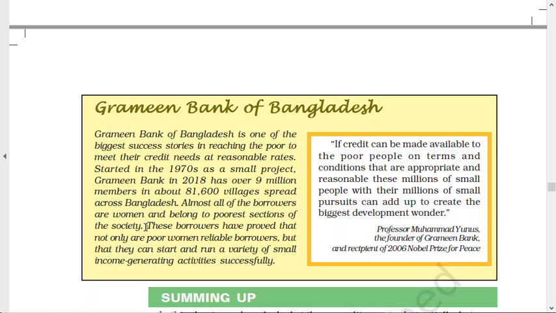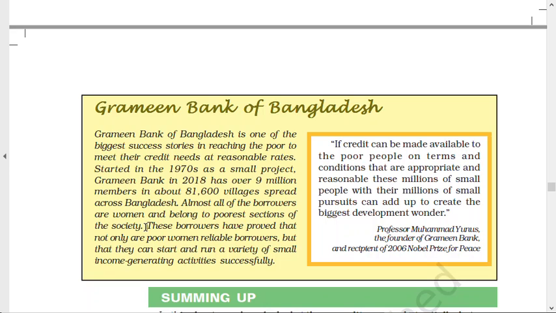So why women? Why not men? Any idea? Women require more support in rural areas. Okay, all right. What else?